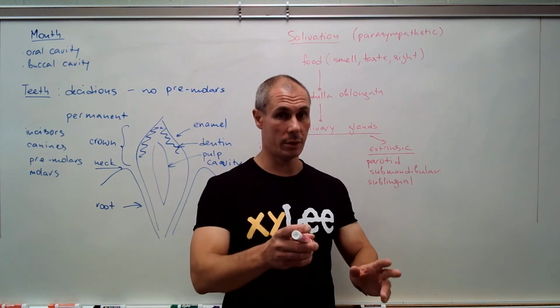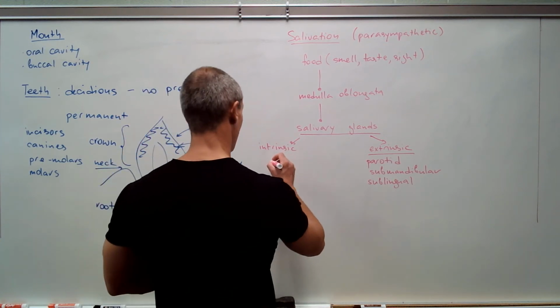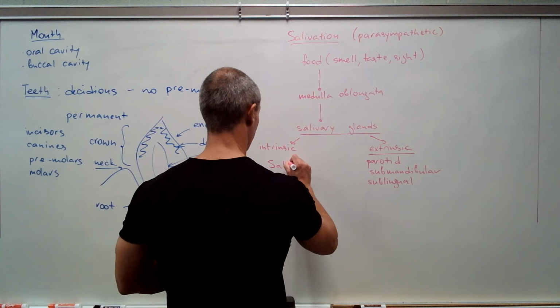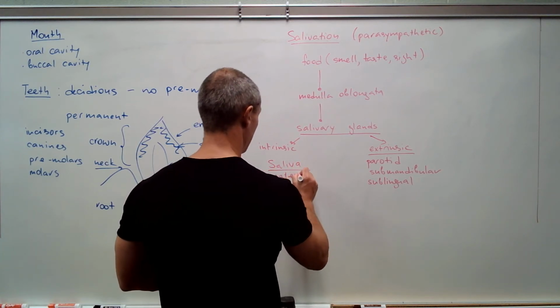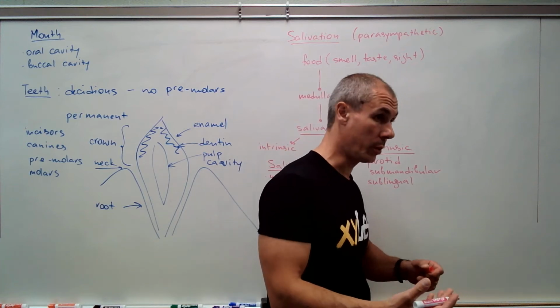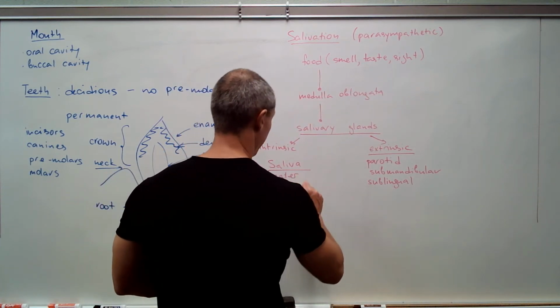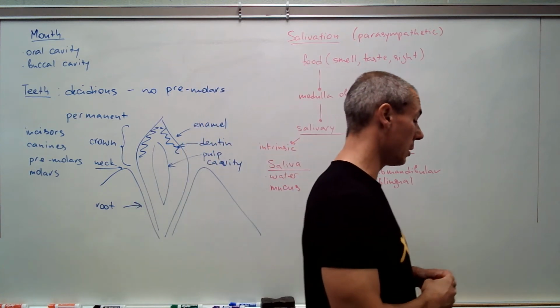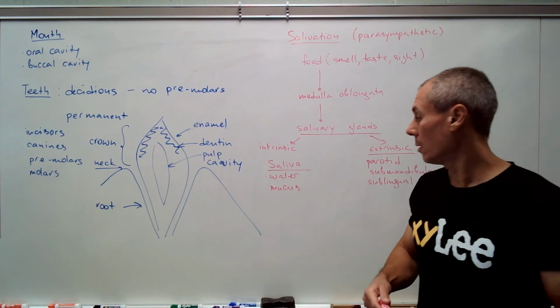So what are the components of saliva that help us to digest food? Water, obviously, needed to dissolve the food particles. Mucus. Saliva is the mixed mucoserous, mucus and serous secretion.